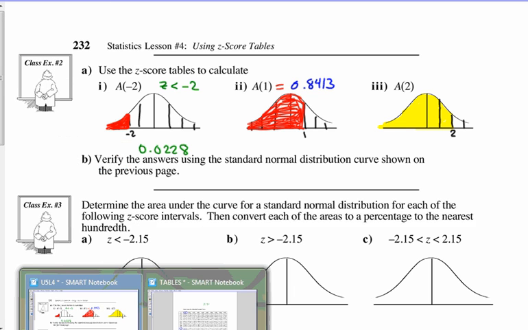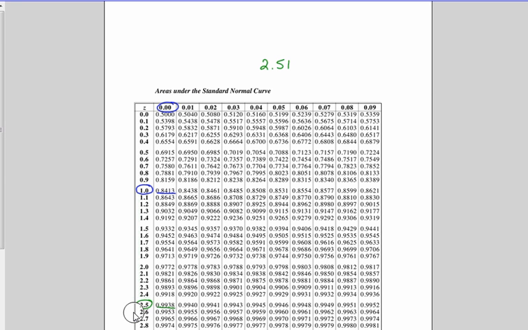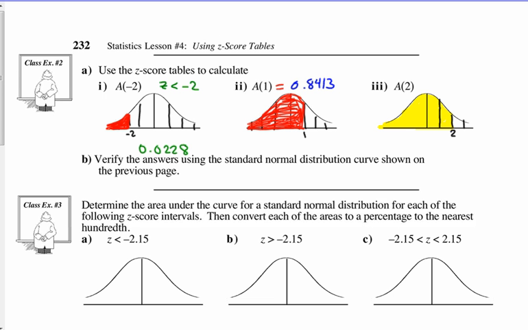Keep grabbing the wrong one. There it is. So 2.00 is 0.9772. So it says verify the answers using the standard normal curve on the previous page.